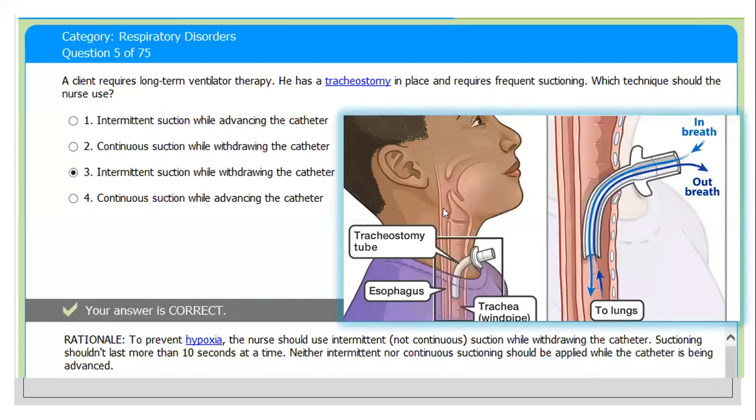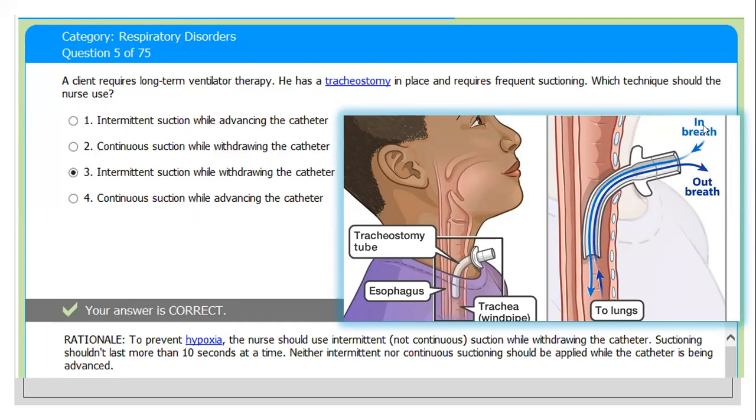So in this picture, we can see this is the esophagus and this one is the trachea. And here, an incision in the trachea is made to relieve any obstruction to breathing, right? We call it a tracheostomy.